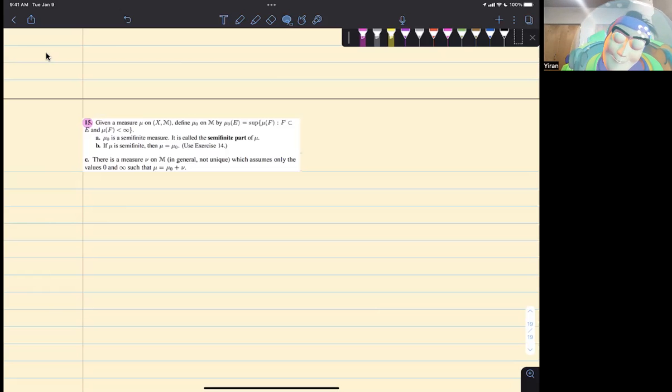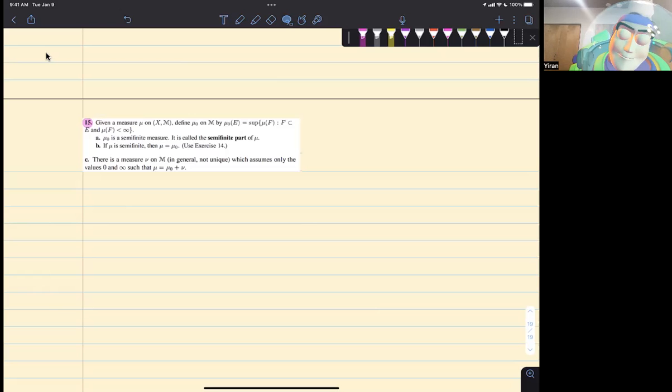So if we can show this holds for all f that is a subset of E and the measure of f is finite, then claim 1 follows, right?